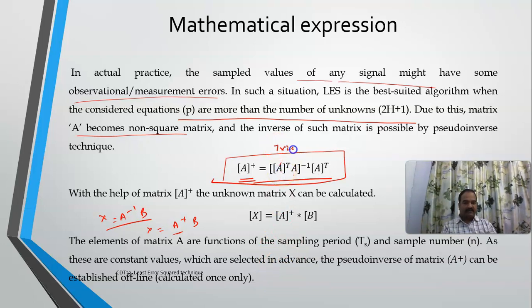So you will get 7 by 20. In this way you can get the things which you want.